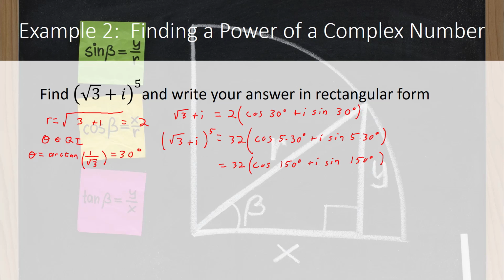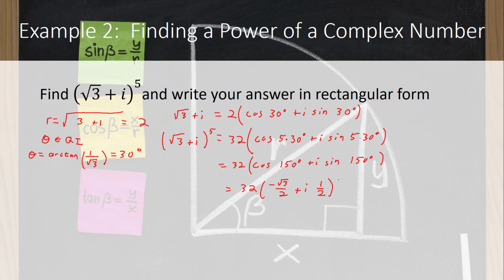150. Notice that these have reference angles of 30 degrees, but we're in quadrant 2, which means that cosine will be negative. So we are going to have 32 times negative root 3 over 2 plus i, and then sine of 150 is going to be positive in quadrant 2, but it's going to have the same value as the sine of 30, which is 1/2.